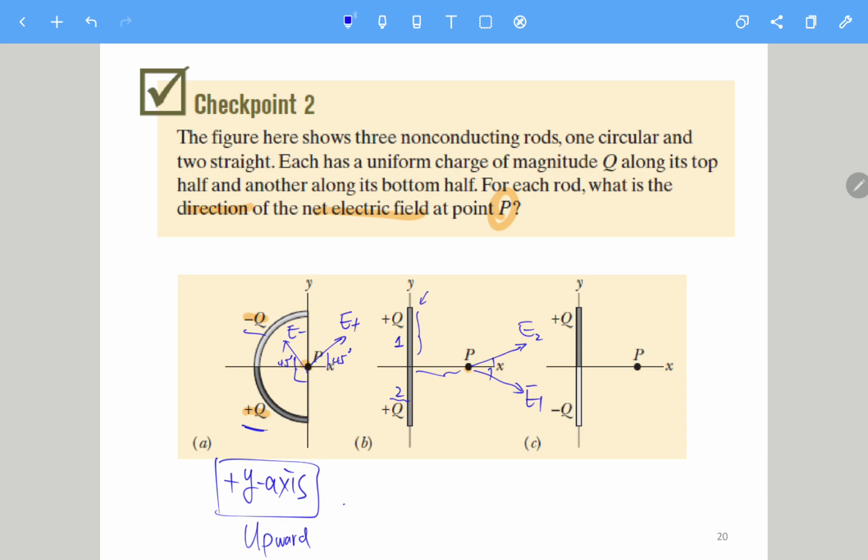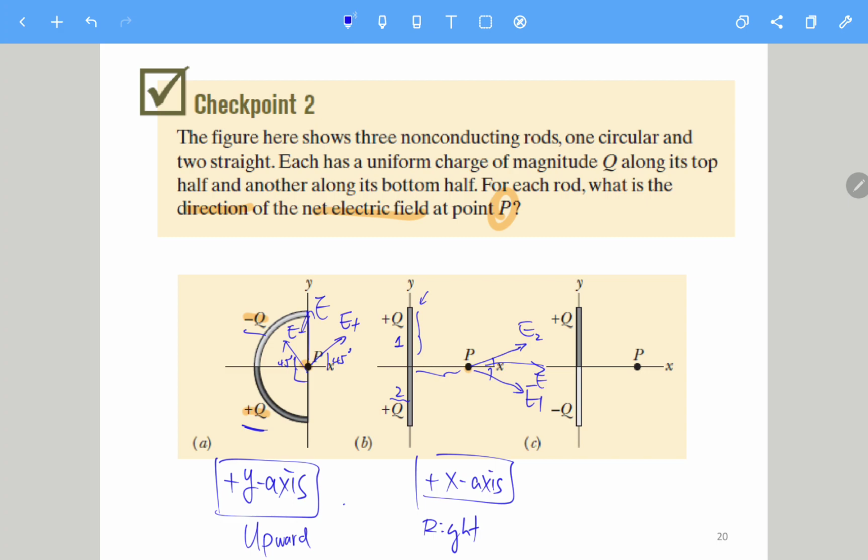So these two angles will be the same, which means that the y-axis component will perfectly cancel. Finally, E will point to the right side, or the plus x-axis.